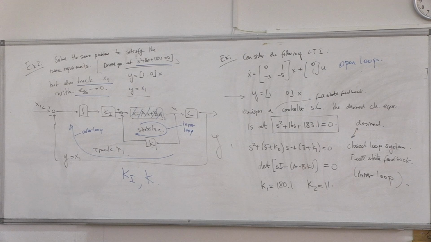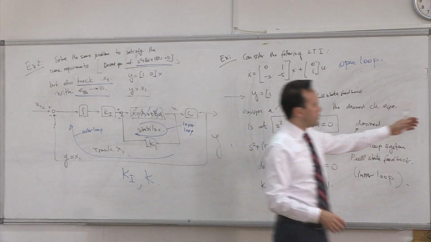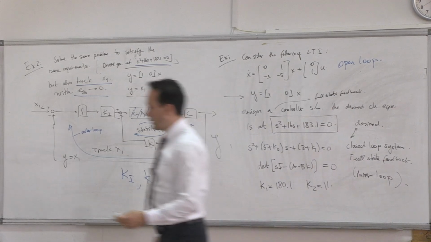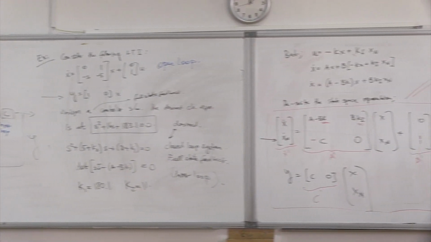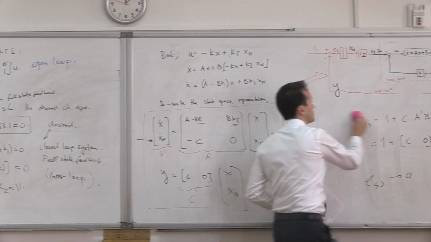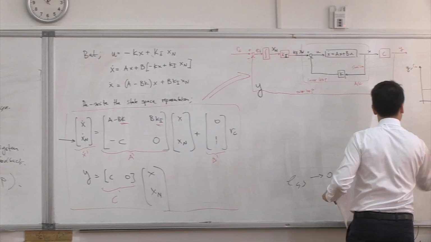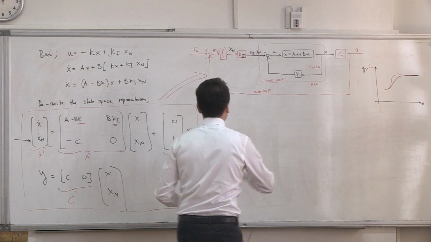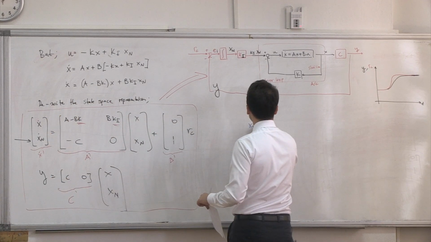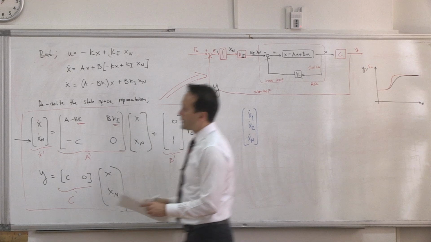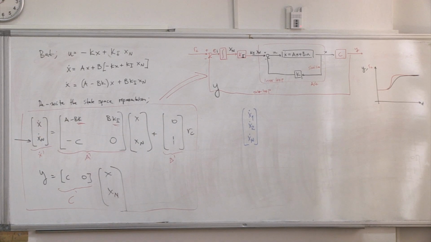So, how am I going to find K and Ki? Well, we already wrote down the equation, so this is what I'm going to use in order to find k and ki. So let's write down these equations and try to find k and ki. It will look like this: x1, x2, up to xn, dot, dot, dot. And xn is here.